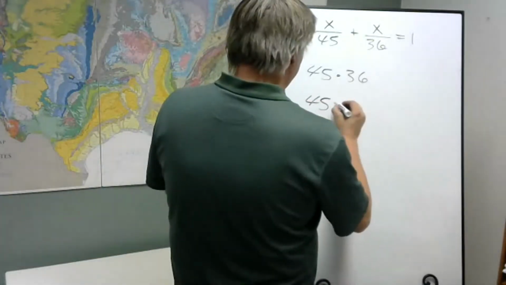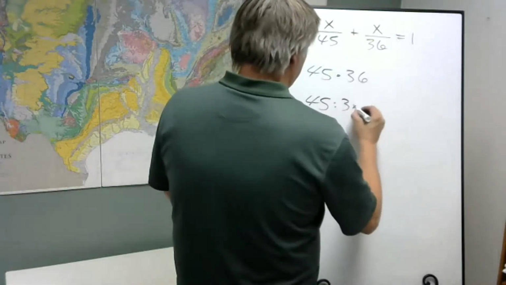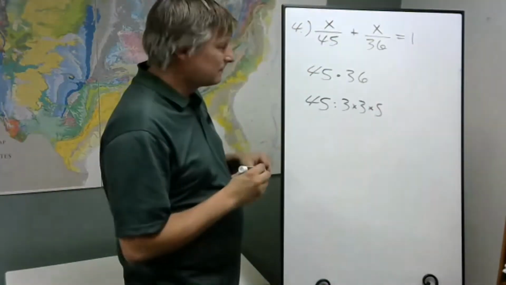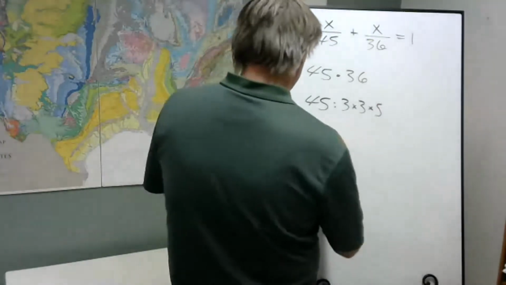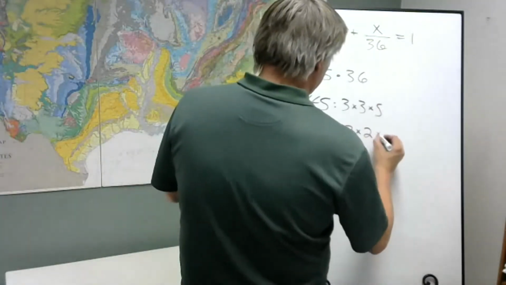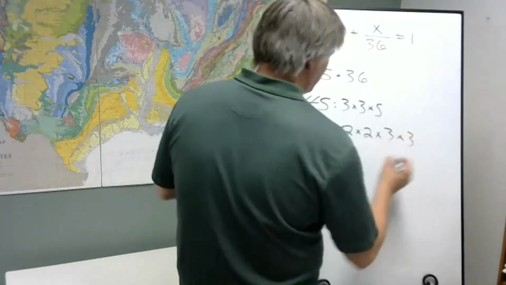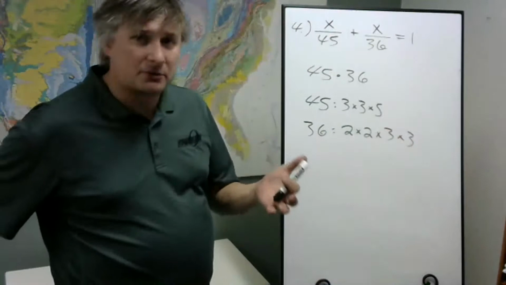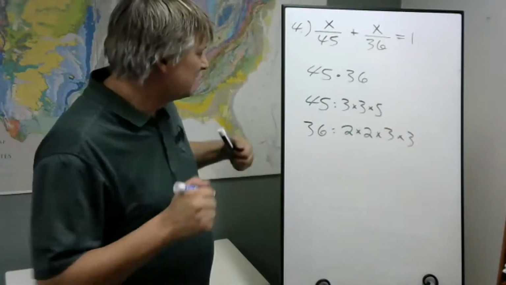So 45, 3 times 3 times 5, 36, 2 times 2 times 3 times 3. So we want to make these factorizations match up.